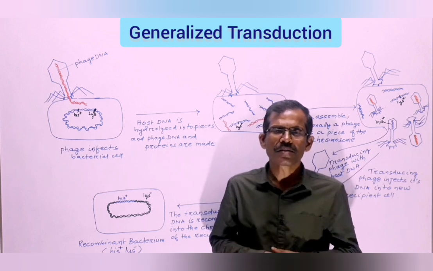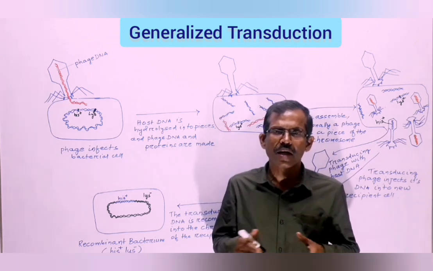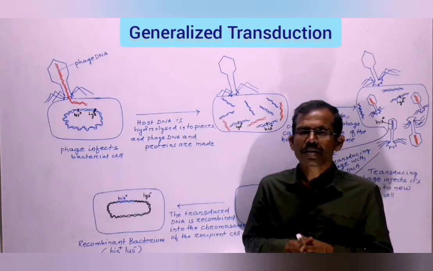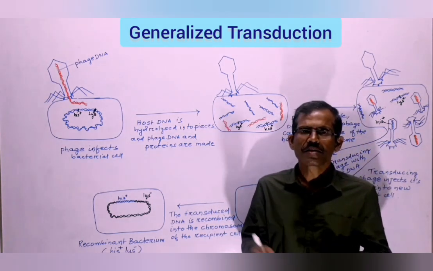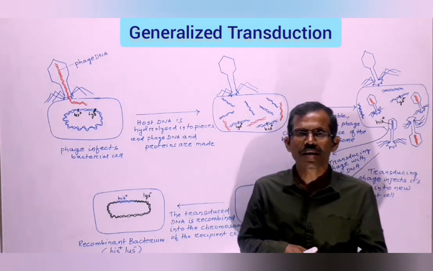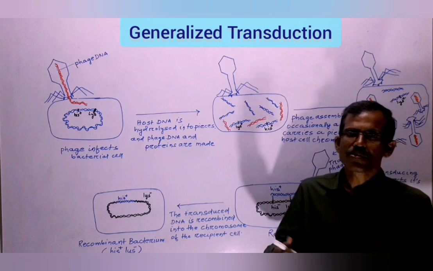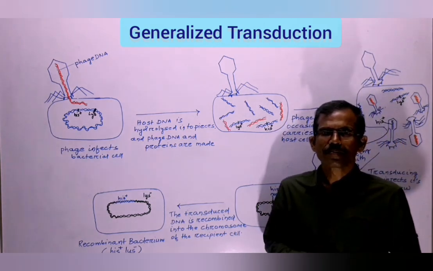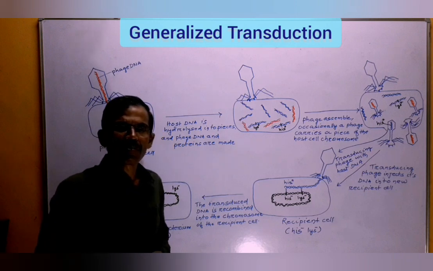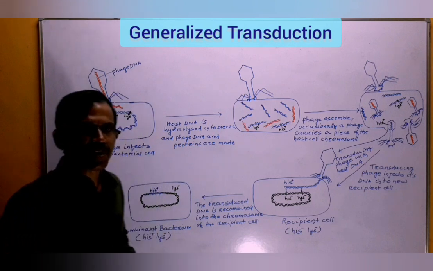Such bacterial cells are partial diploids. Only in a few cases, the transferred DNA is recombined into the chromosome of the recipient cell that gives rise to a recombinant. This figure shows the mechanism of generalized transduction.